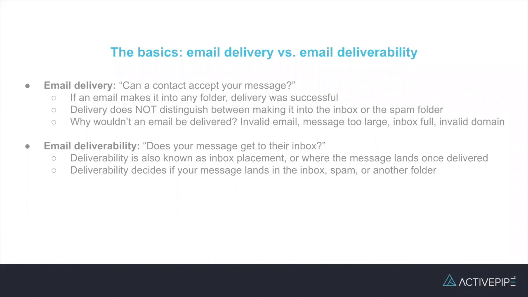It could be their primary inbox, it could be a spam folder, or if you use Gmail, you might see several folders, like social tabs or promotions tabs. Our number one goal is to land in that contact's actual inbox. So the question for today is on deliverability, and our key focus is how can we have our emails delivered to a person's actual inbox?